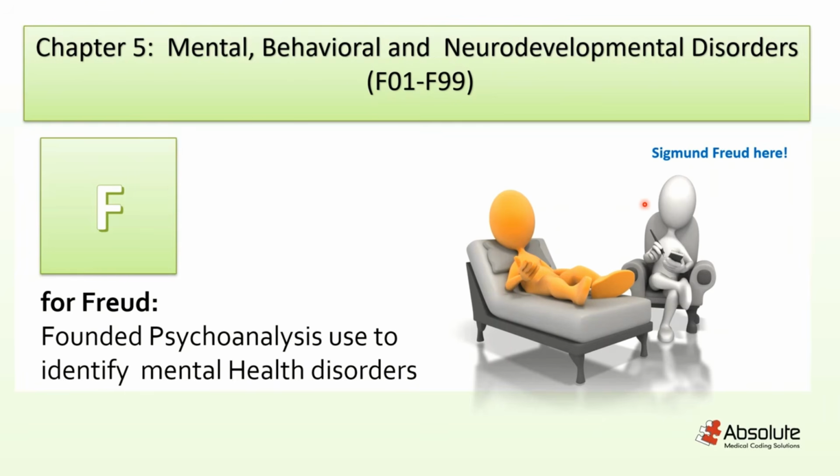He's the father of psychoanalysis. Psychoanalysis is used to identify and treat mental health disorders. And this category begins with F01 through F99. So when you think of mental and behavioral and neurodevelopmental disorders, think F for Freud. Okay, next up.